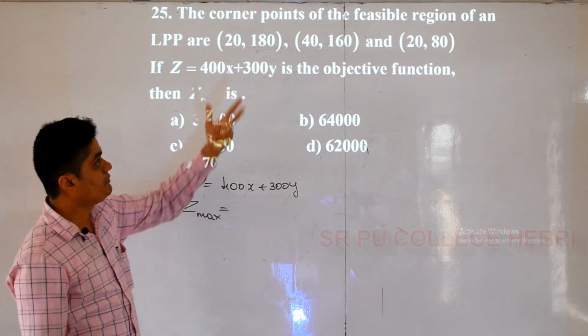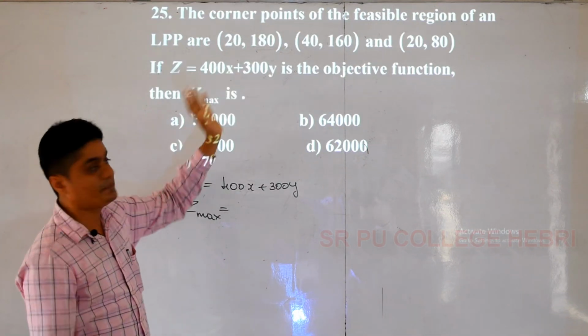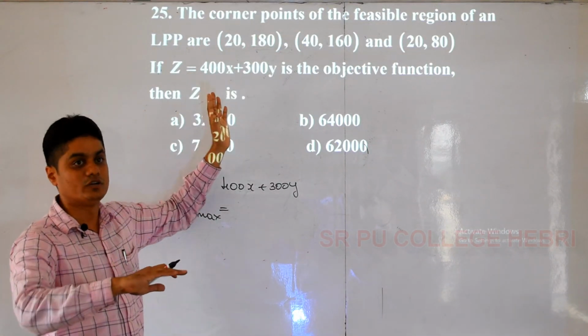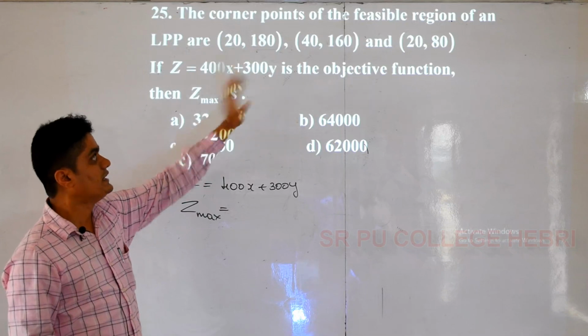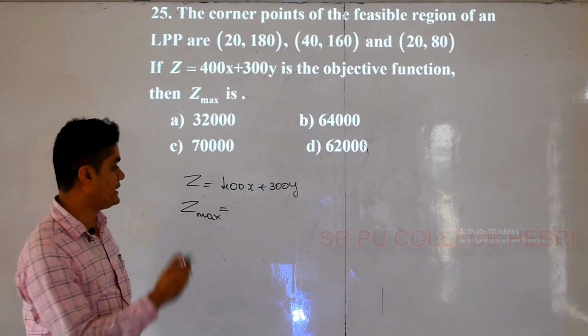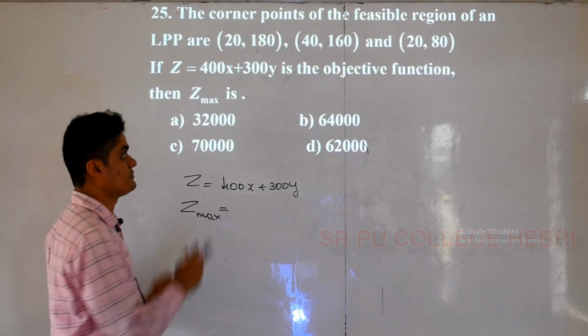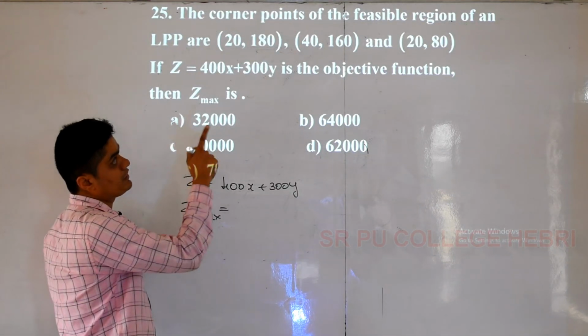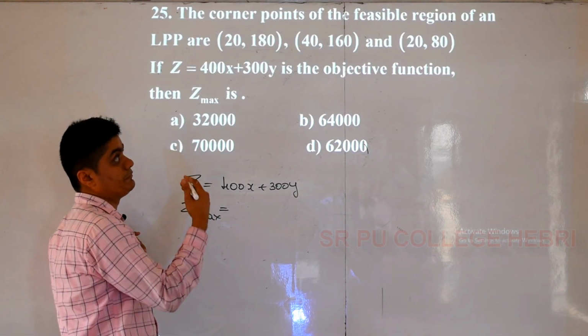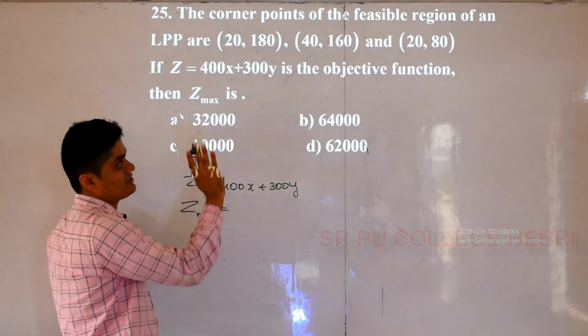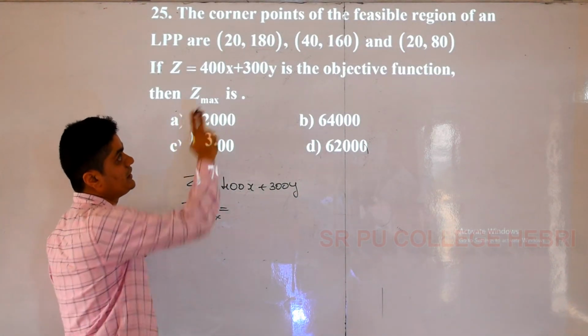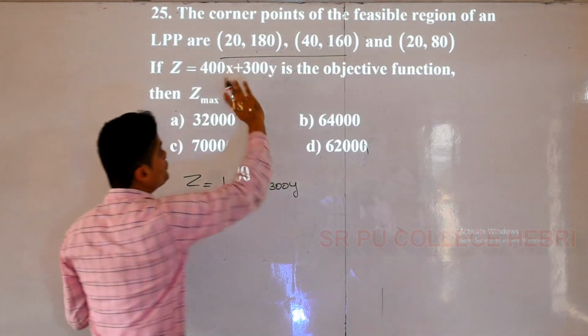Points cannot be compared by saying this is greater, this is lower. But use common sense: which point can you directly substitute to get the answer? Out of 3 points, which point should we consider? Compare the first and last. Which may give the maximum? See, the last is better because 20 is there, 80 is there. Maybe the confusion is between these two.